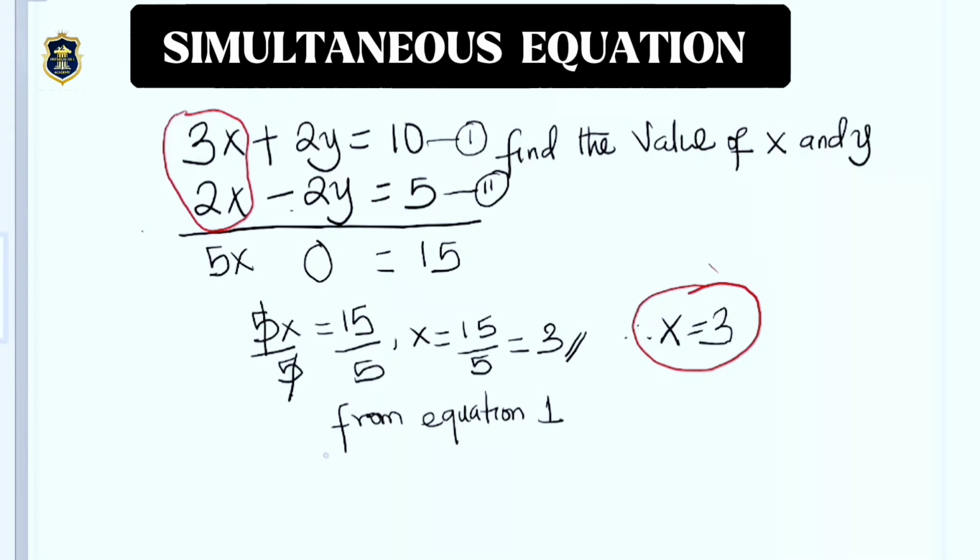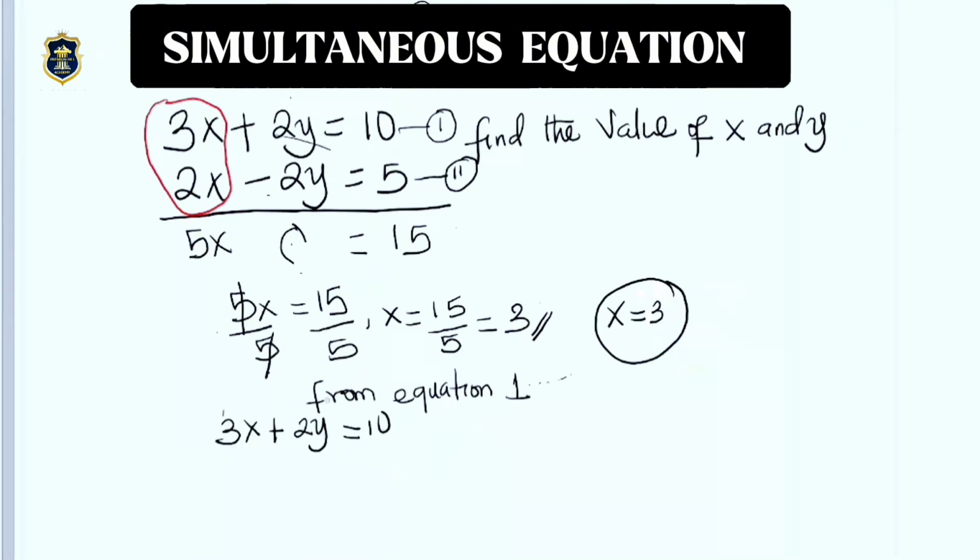Substituting from equation 1, we have 3x plus 2y is equal to 10. We substitute the value of x, 3, in equation 1. Anywhere we see x, we just fix in 3.